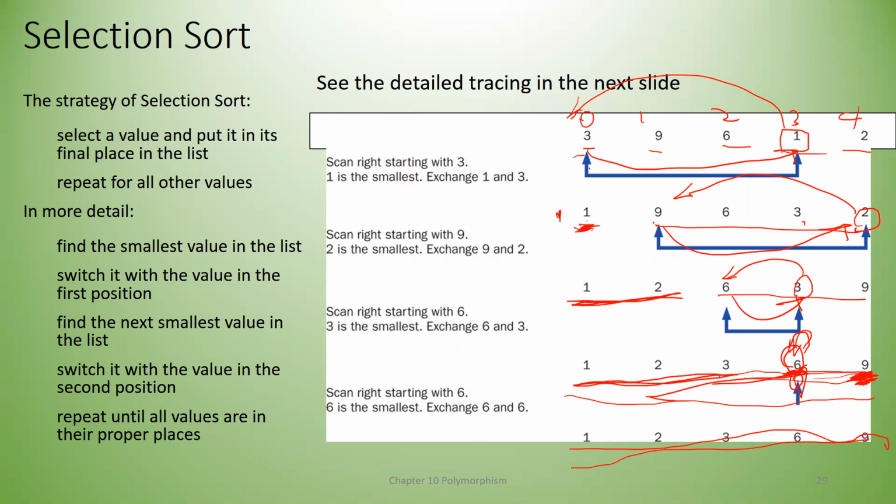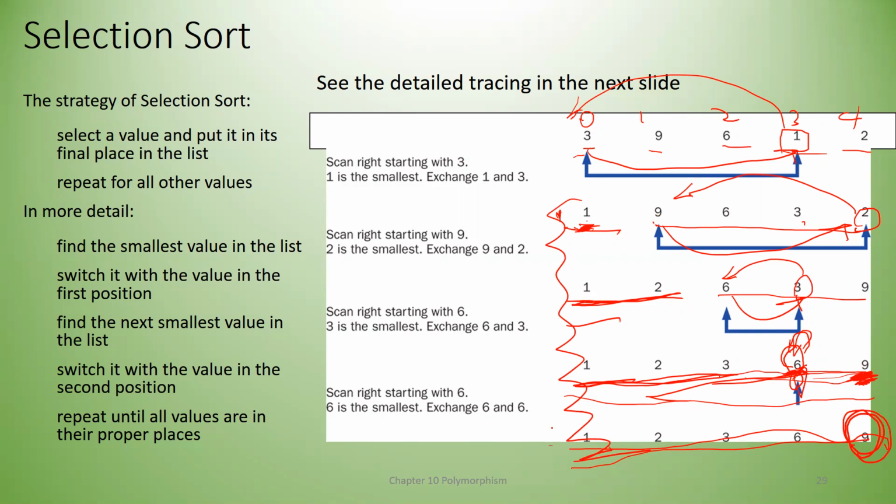Now if you look at this, there are 5 elements. You go through the list 4 rounds: 1, 2, 3, 4. Why? Because the last one is the leftover, so you don't need to compare it with anyone anymore. It's by default in the right place.